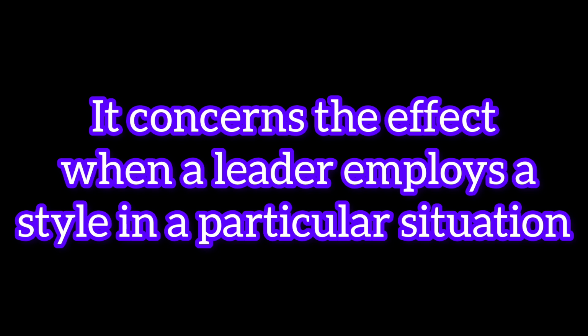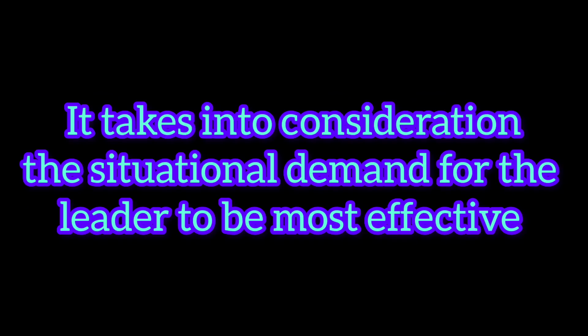That means it concerns the effect when a leader employs a style in a particular situation, and it takes into consideration the situational demand for the leader to be the most effective one. So I think why we are adding it to the managerial grid model is clear. Now going to the next part.